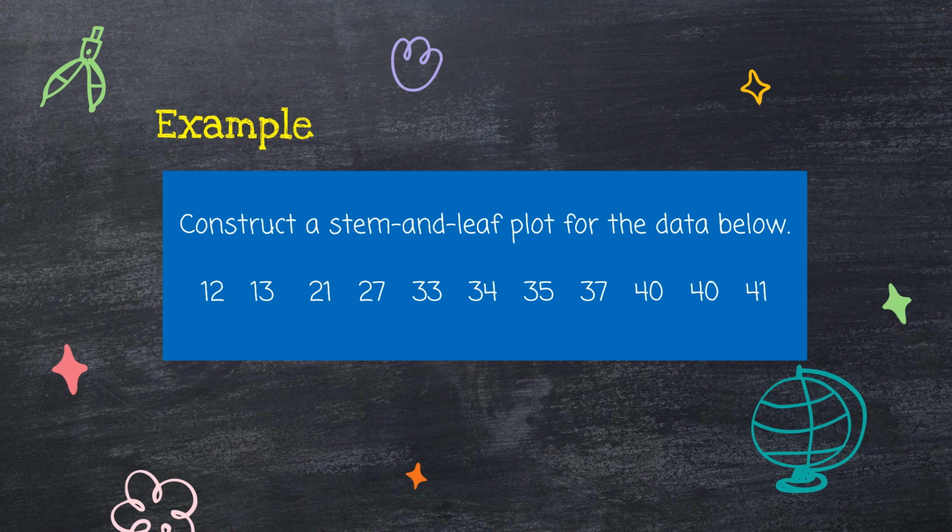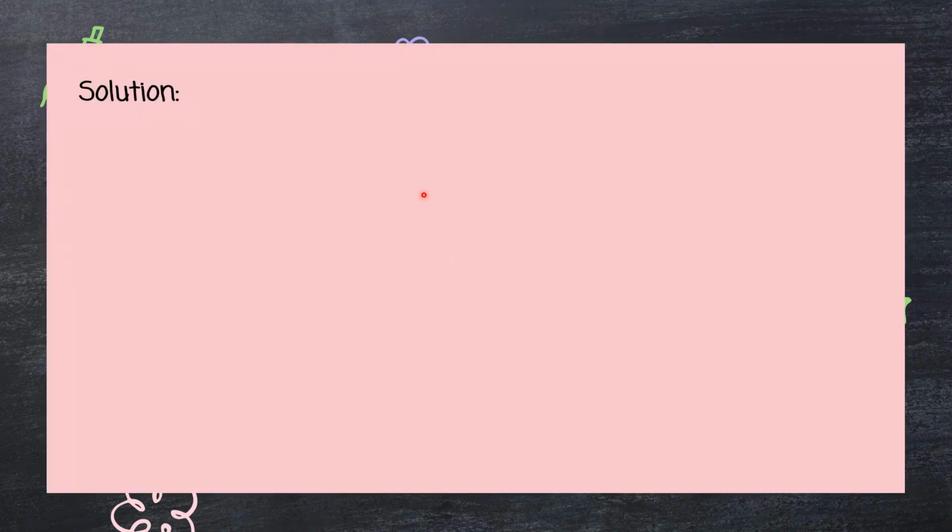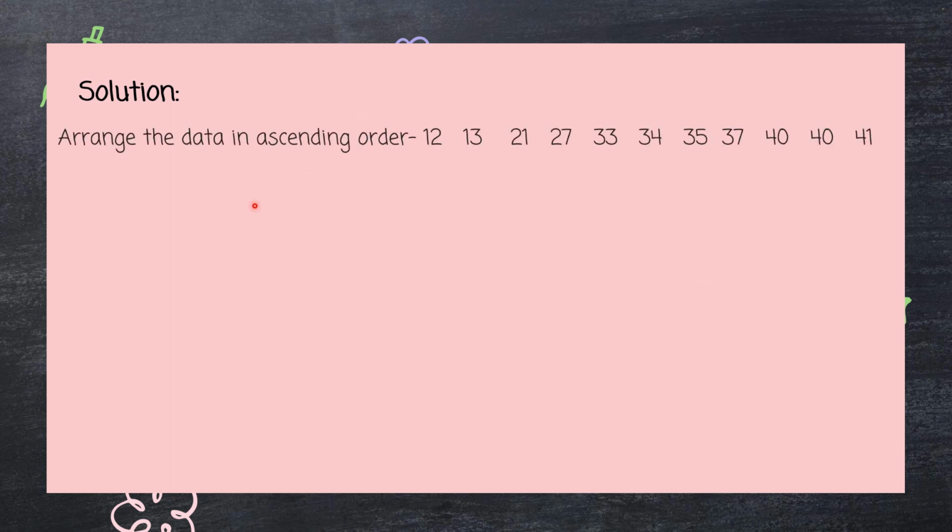Look at the example. Construct a stem and leaf plot for the data below. Now, let's discuss the solution of the example. So, follow the steps. First, arrange the data in ascending order.